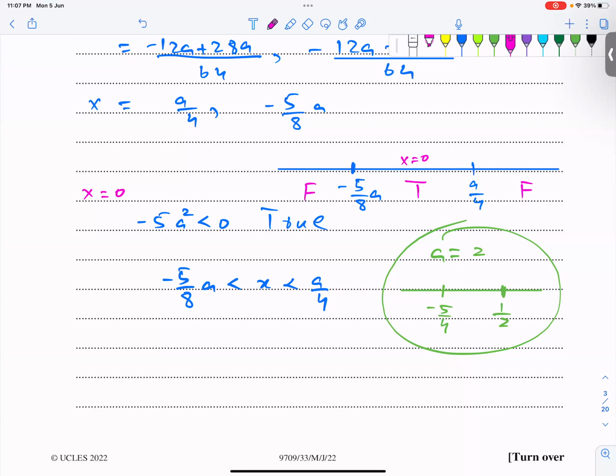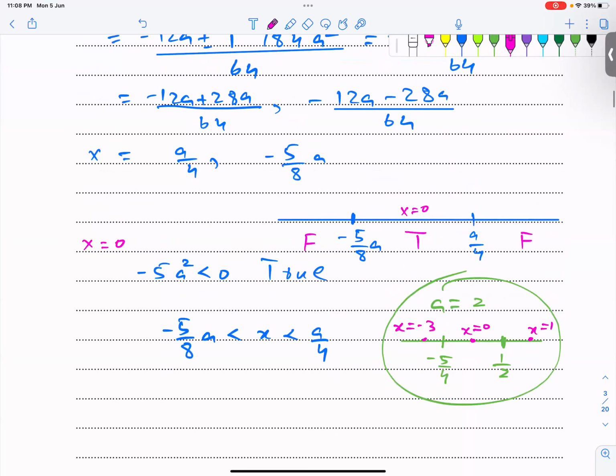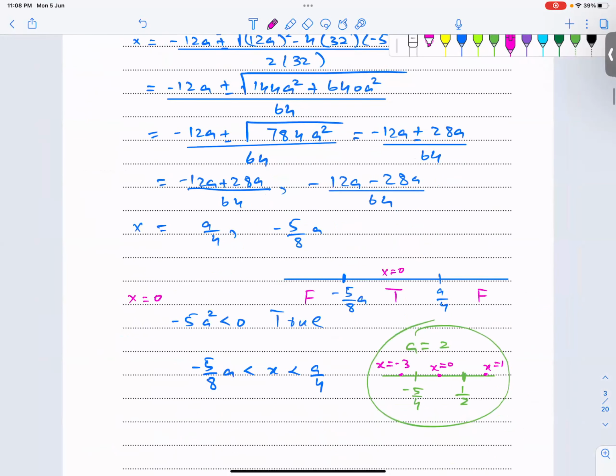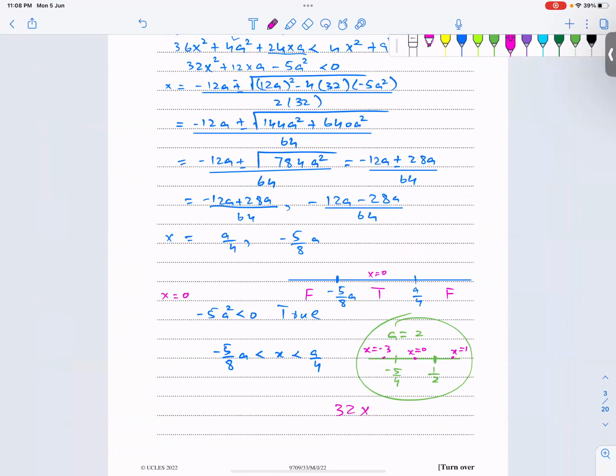You can check this point, that is x equal to 0, this point that is x equals 1, this point that is x equals some negative 3. Okay, so now you can put these points, not in this equation, you will put these points here: 32x square plus 12xa.